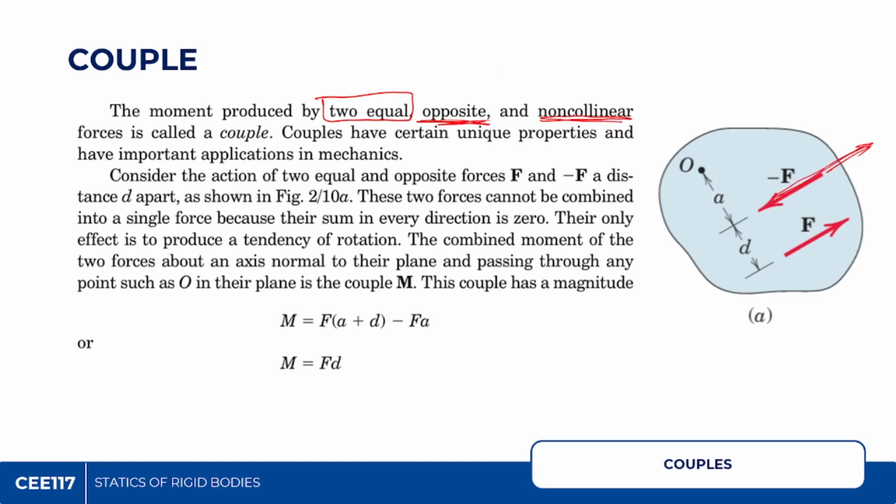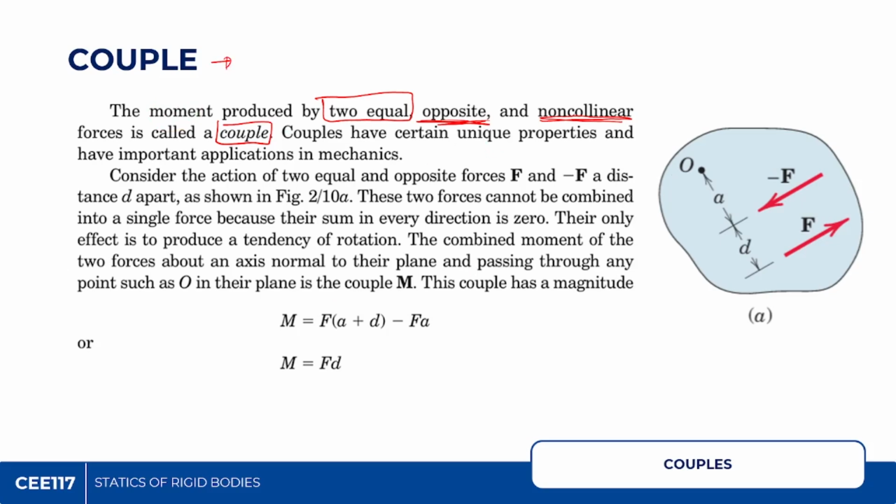Non-collinear sila, pero parallel. And the moment na mapoproduce nitong dalawang equivalent forces of opposite direction and non-collinear is what we call a couple. Kaya sinasabi ko, couple is the special case ng moment or special form ng moment. Couples have certain unique properties and have important applications in mechanics.